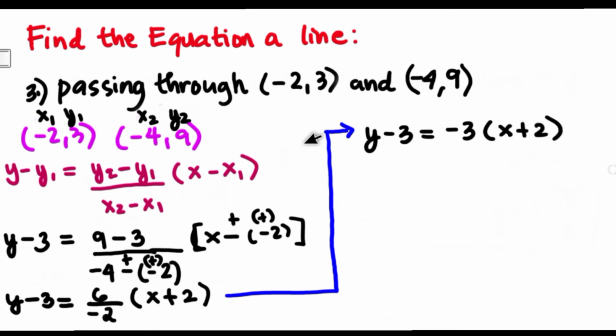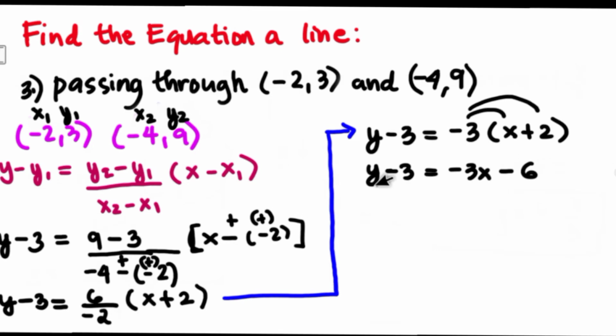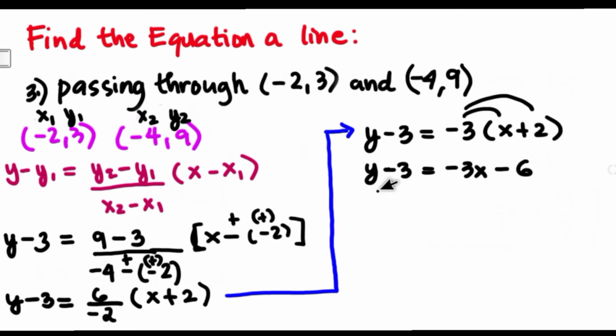And then, y minus 3 is equal to, multiply po natin yan, negative 3 times x is negative 3x. And negative 3 times positive 2 is negative 6. And then, yung nating form na equation is yung y is equal to mx plus b. So, y lang dapat matira dito. Kaya y is equal to, using addition property, so negative 3x minus 6.